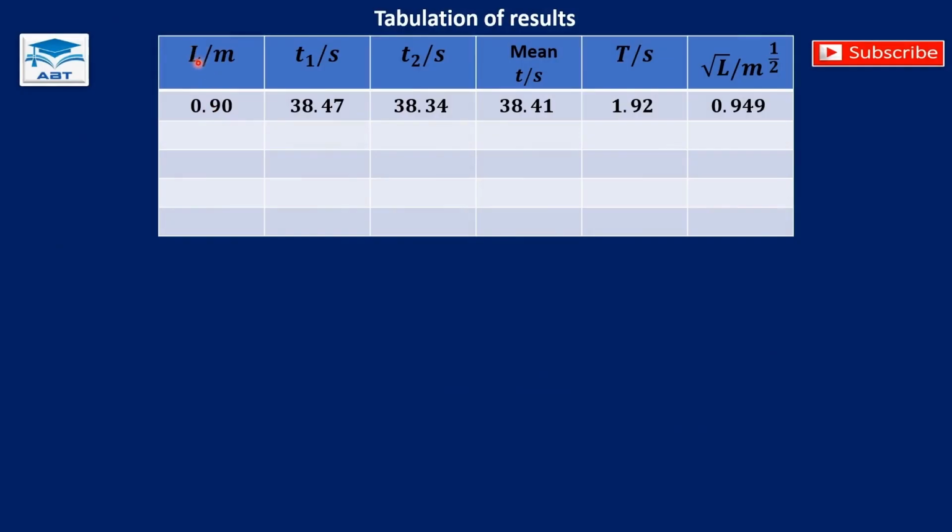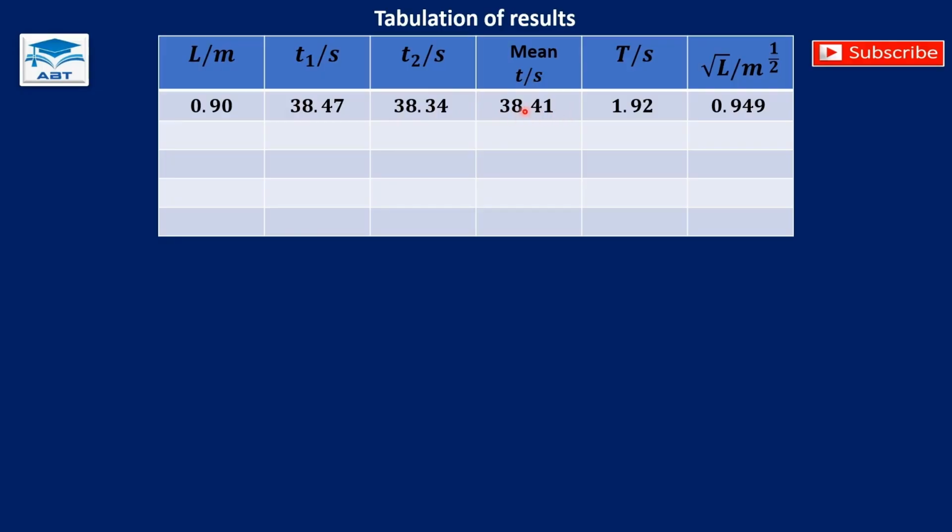So we have the length in meters, which is 0.90 meters to 2 decimal places. This is time 1 in seconds, and it's 38.47 seconds. Time 2, also in seconds, is 38.34 seconds. And this is the mean time T in seconds. That is time 1 plus time 2, and the result divided by 2.